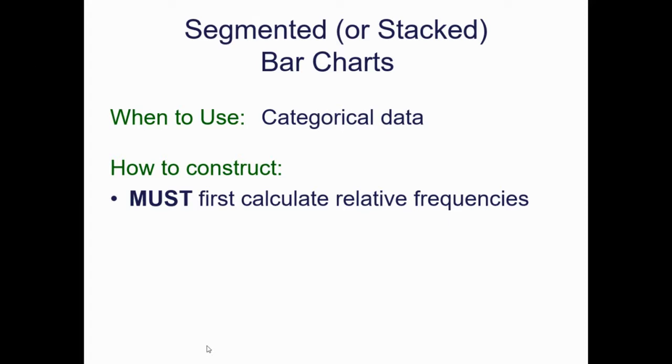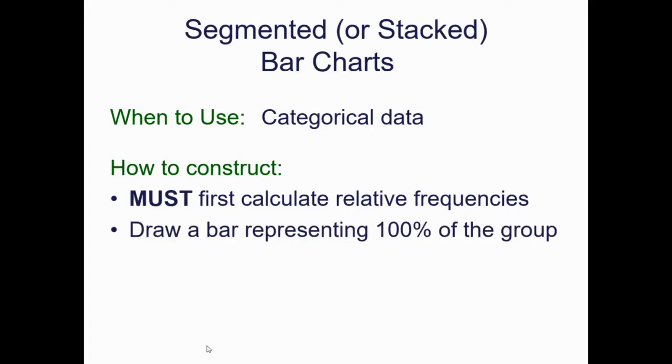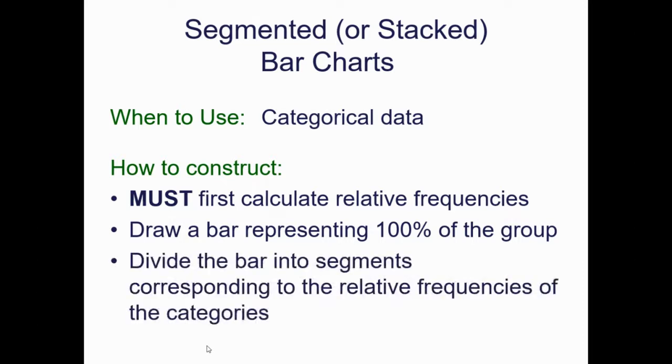And then for each group, we'll draw a bar that represents 100% of that group. And then divide the bar into segments that correspond to the relative frequencies of the categories.